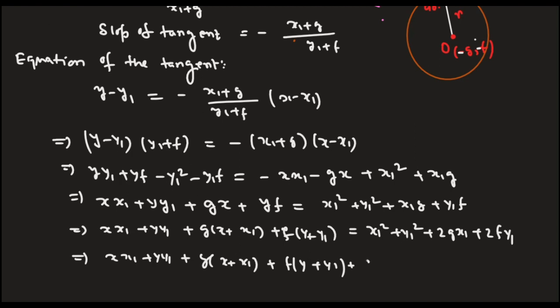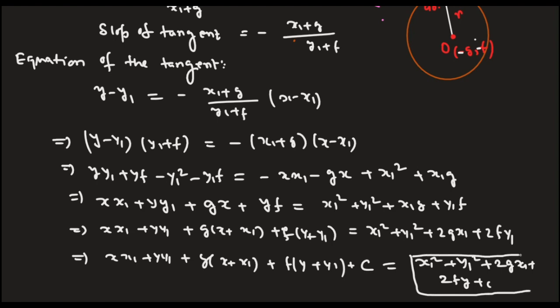You notice that if you are adding c here, it will be x1 square plus y1 square plus 2gx1 plus 2fy1 plus c. So now this expression is nothing but the value of s1, where s is the general form.